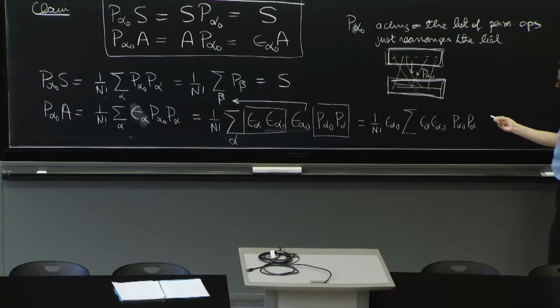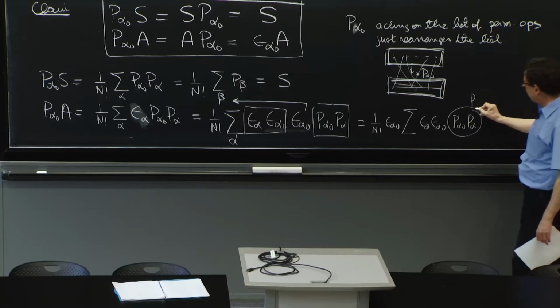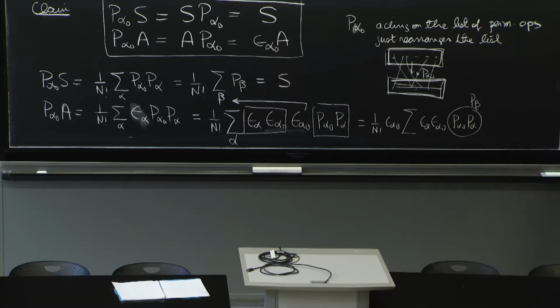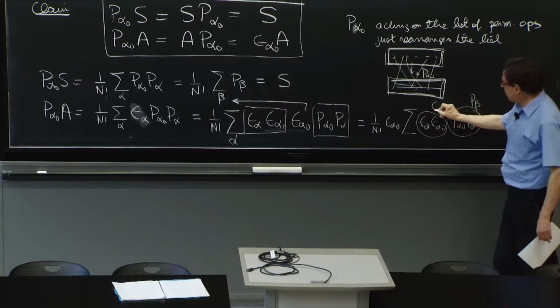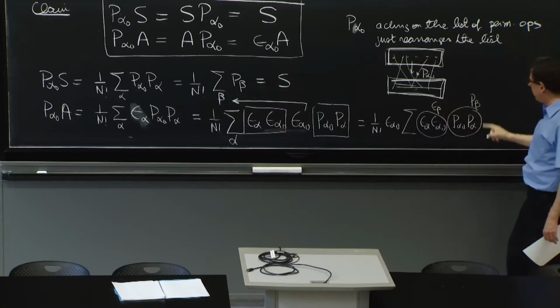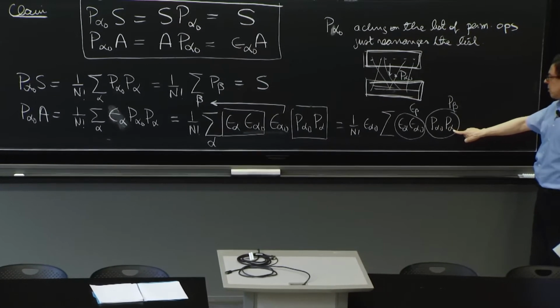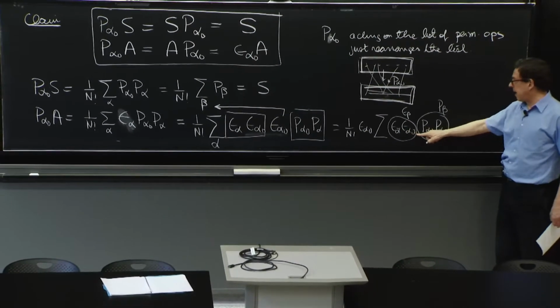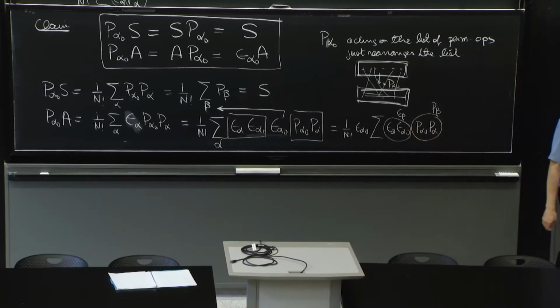But here it's clear that if this is some P beta, this sign factor is in fact epsilon beta, because if P beta is made by these two permutations, the sign factor of that permutation is the product of these two sign factors.